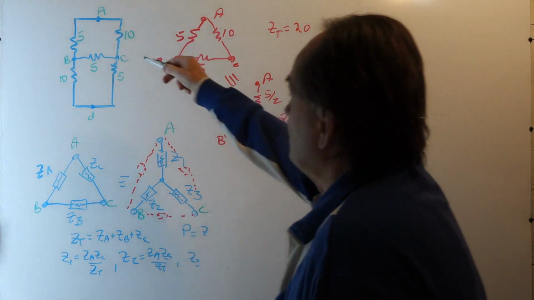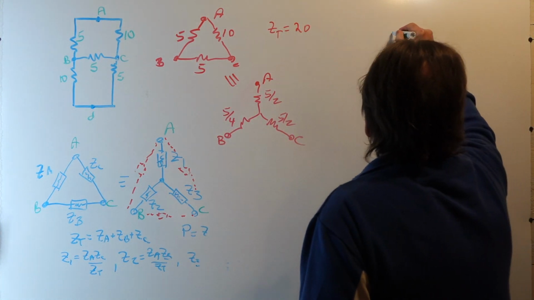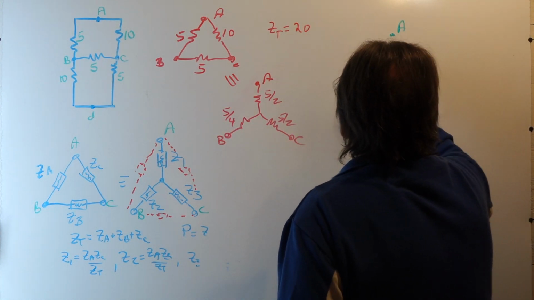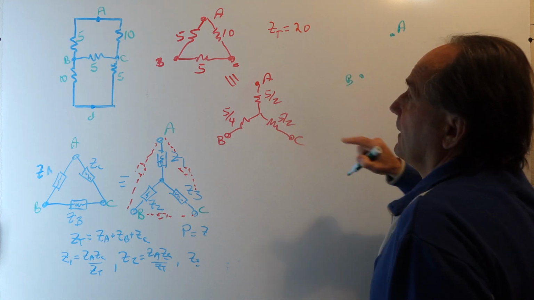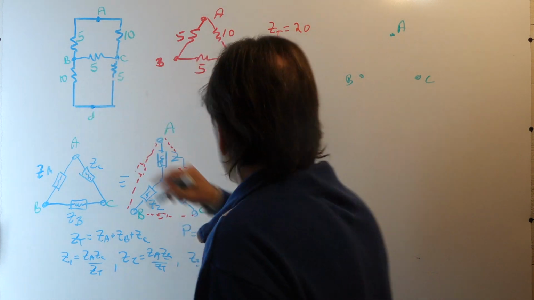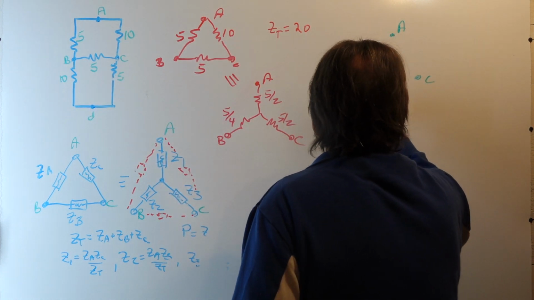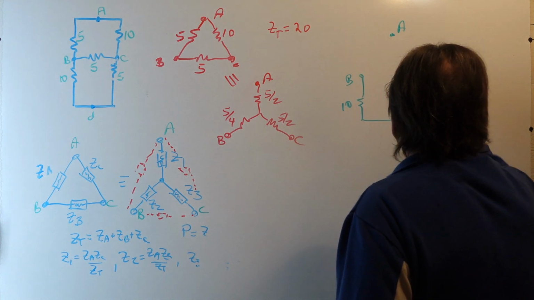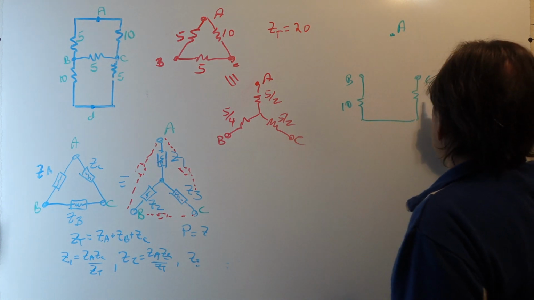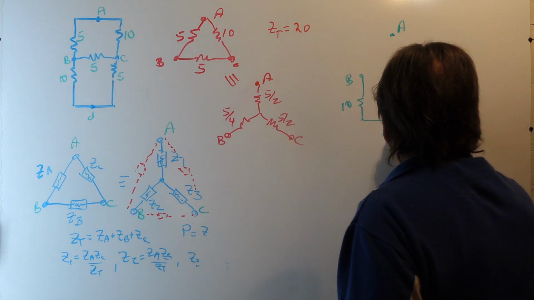So I'm going to redraw the network here. Here's node A. Here's node B. Here's node C. We didn't do anything with these two elements, so we have that element, which is 10. We have this element, which is 5, and here's node D.